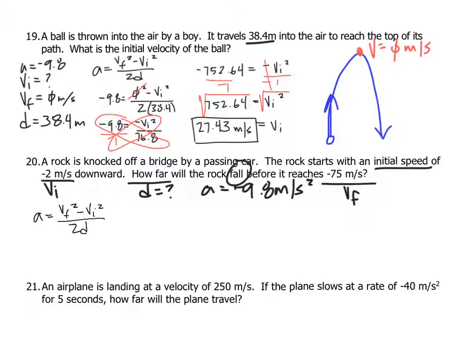So I'm going to go ahead and plug in everything I know. I know A is a negative 9.8. I know VF is a negative 75 squared minus VI was a negative 2 squared, all divided by 2 times D. Okay. So next I'm just going to take that and simplify it just a little bit.